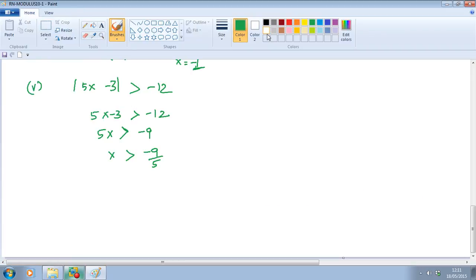The other option is x is less than minus a, in this case minus of minus 12, or x is less than 12.